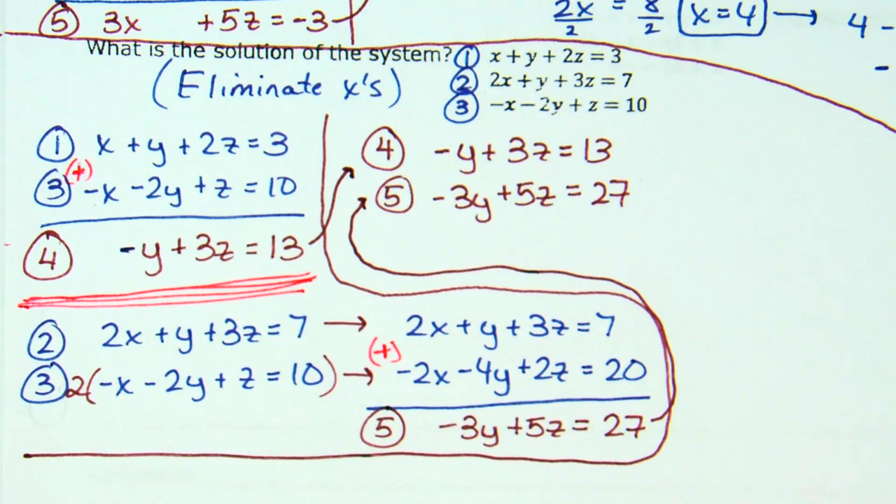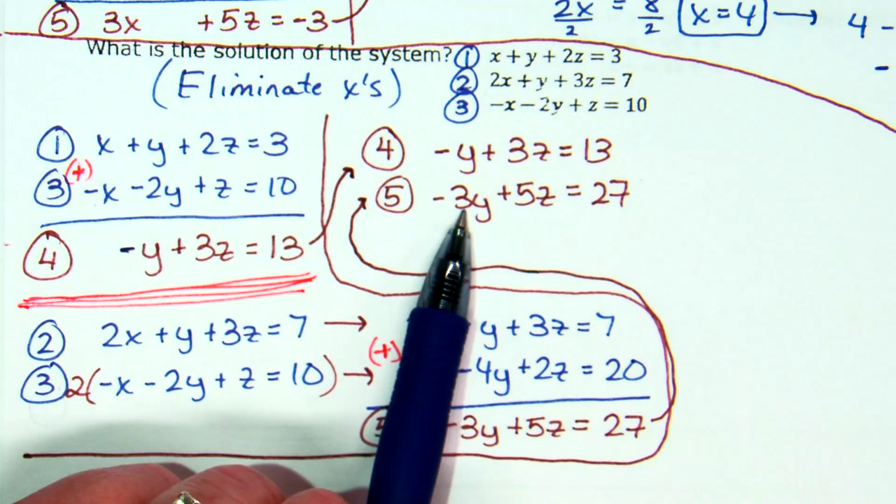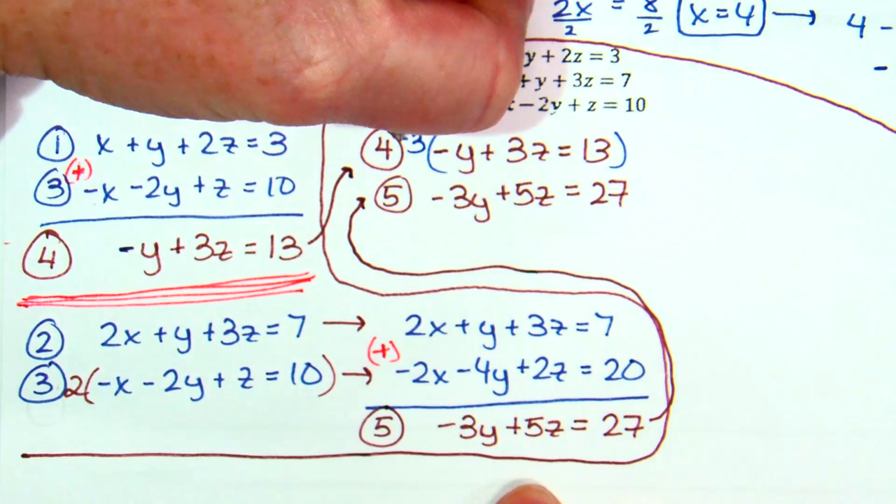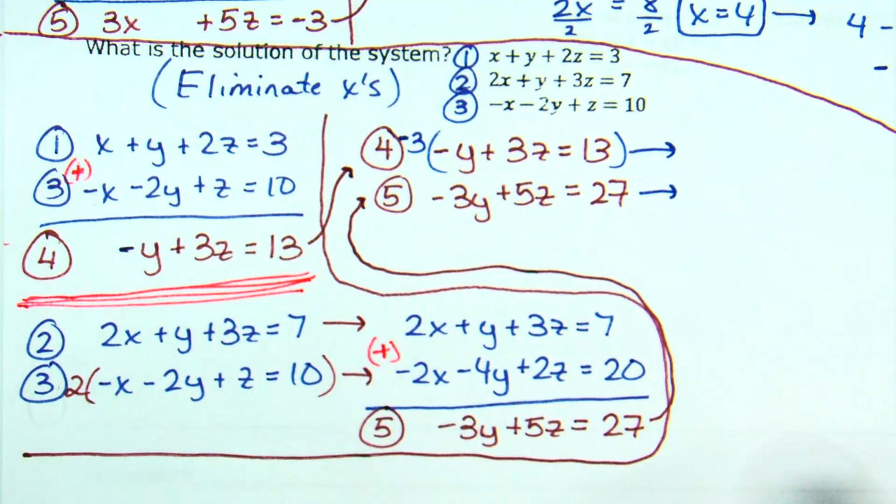I would agree, probably say y. If this is already negative 3y, multiply the top by a negative 3 to then turn around and make that positive 3y. Yes? Okay, carry over.